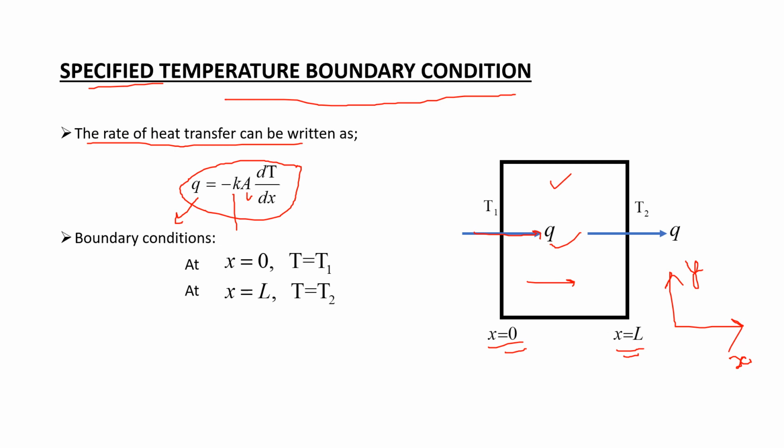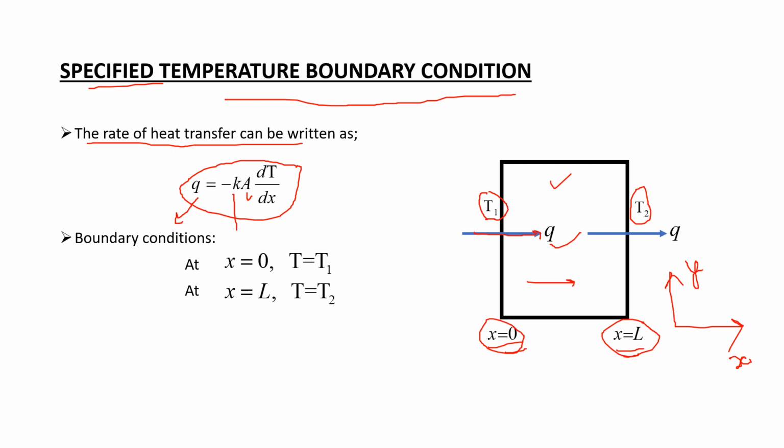Now look at the boundary condition. At x is equal to 0 the temperature is equal to T1, and at x is equal to L we have specified the temperature as T2. That's why this boundary condition is called the specified temperature boundary condition, because at the boundaries we have specified the temperatures.